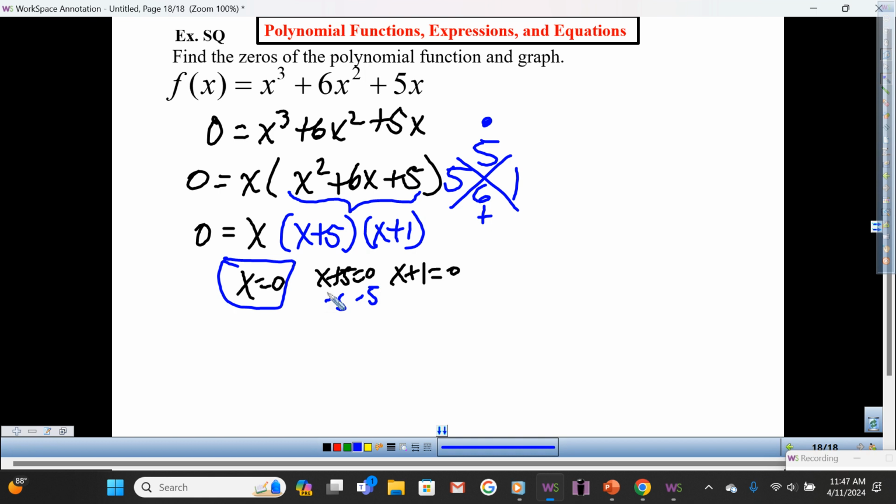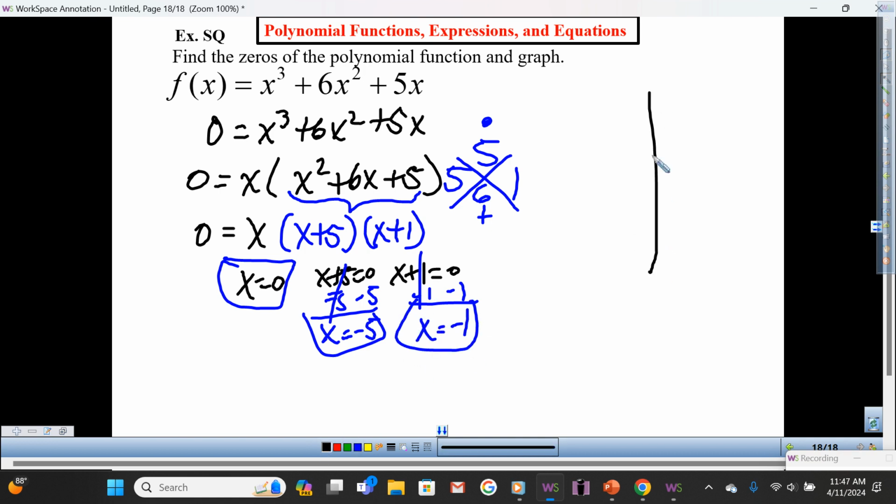Minus 5 minus 5. X equals negative 5. Minus 1 minus 1. X equals negative 1. Can we graph now? Yes, Mr. Q? Let's do this. All right. So we got 0, negative 5, negative 1.